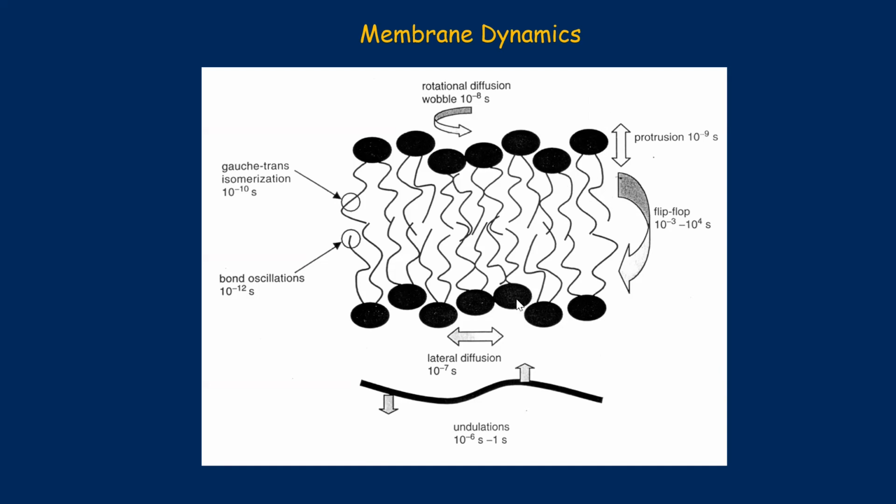And these protrusions are collectively changing the membrane topology in the form of undulation. Since protrusions are in a faster time scale, when a lot of protrusion motions are combined, then we have undulation in the membrane, right? And these are very important dynamic features in the sense of membrane interaction.